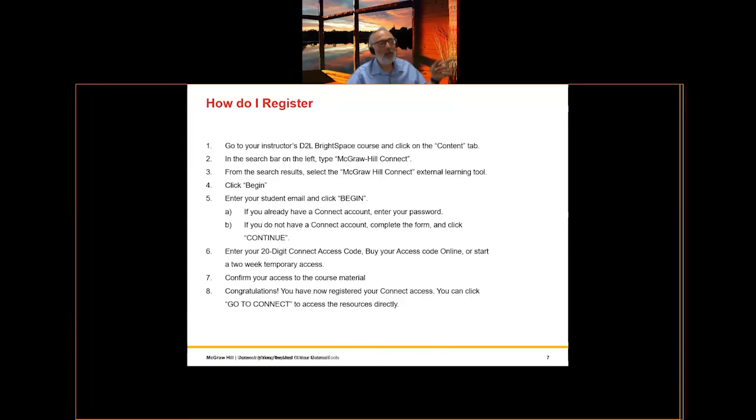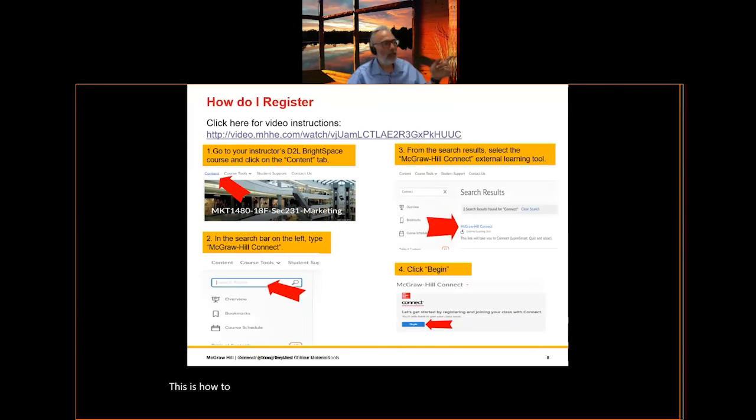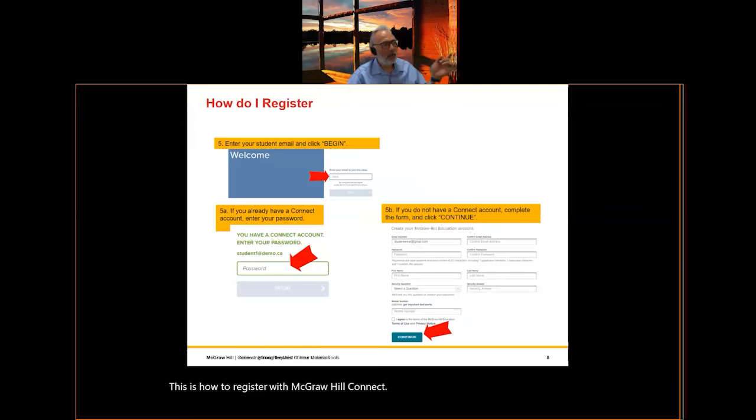This is how to register with McGraw-Hill Connect. This is how to create an account.